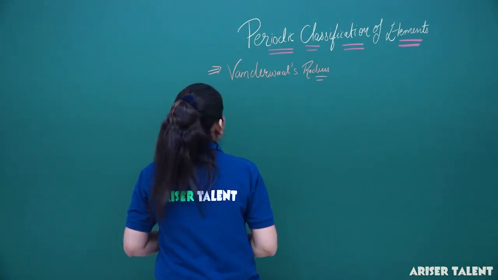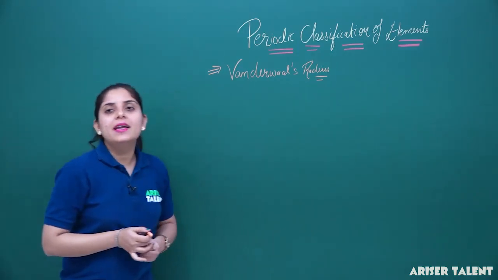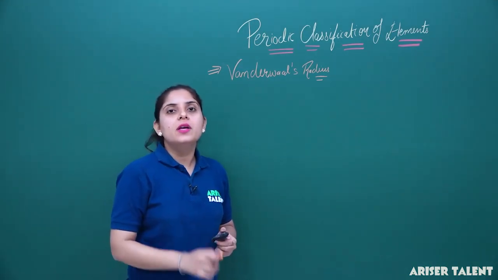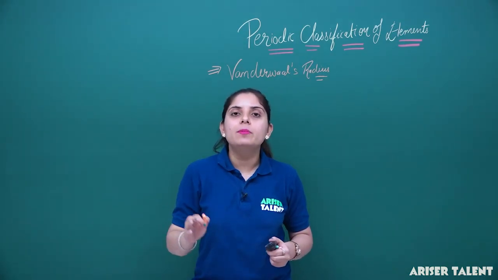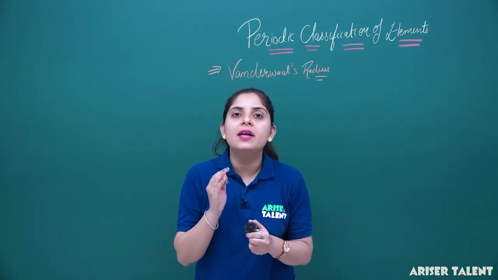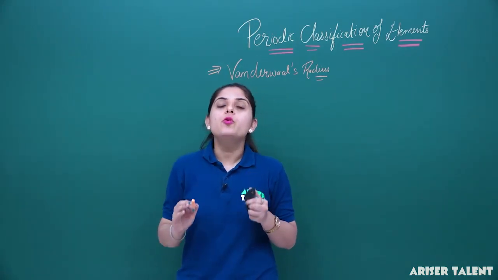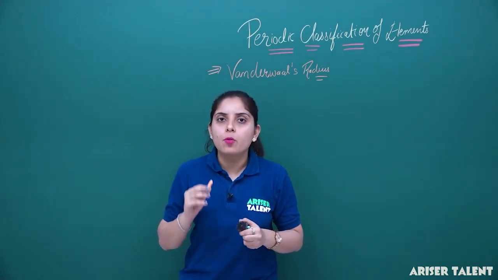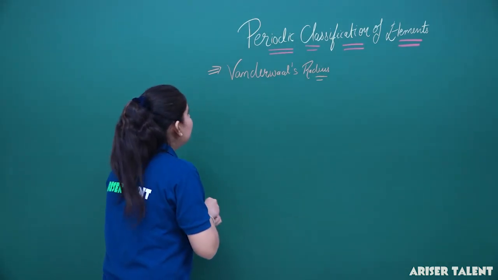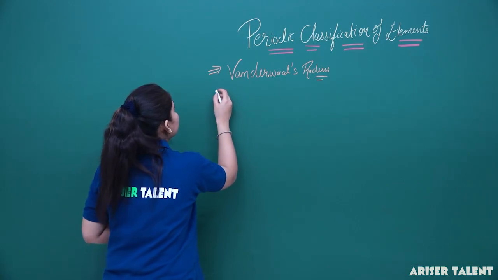The van der Waals radius is half of the internuclear distance between two isolated atoms, or it may be defined as half of the internuclear distance between two adjacent atoms of the neighboring molecule. So, here is the definition of the van der Waals radius.